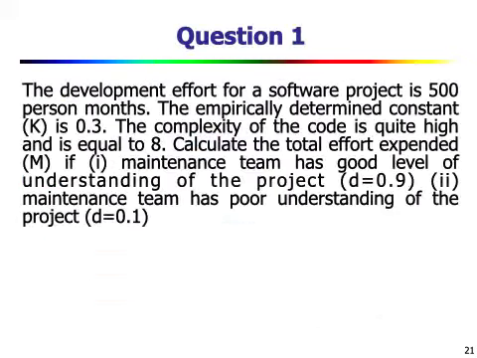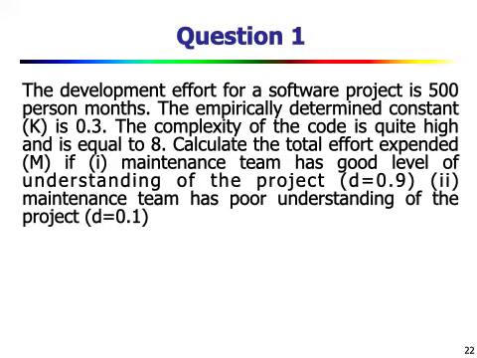So here is an example, a small problem based on this Belady-Lehman model. In this question, the development effort for a software project is 500 person months. The empirically determined constant K is 0.3. The complexity of the code is quite high and is equal to 8.